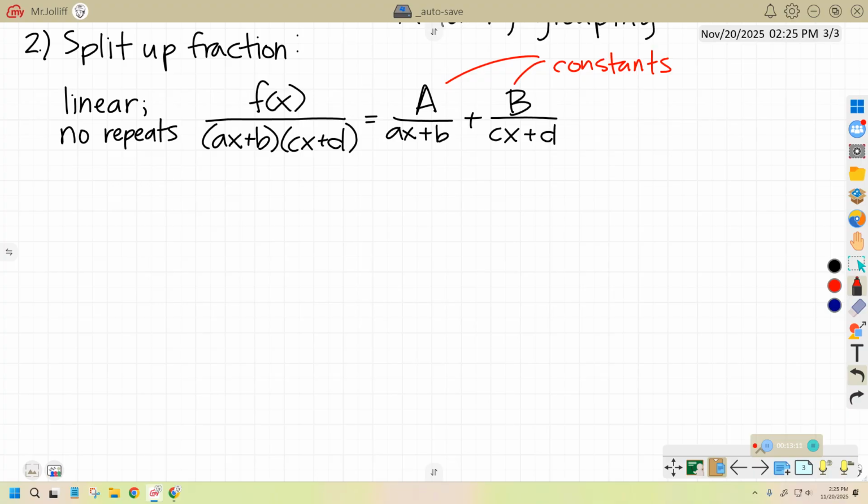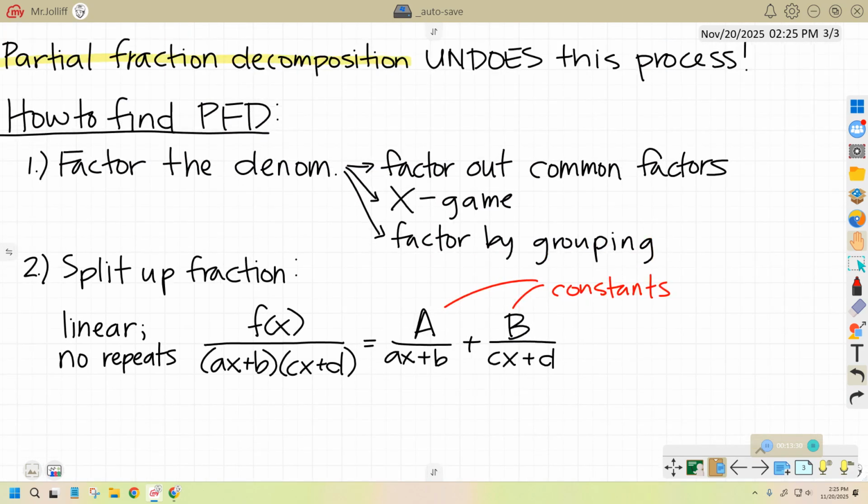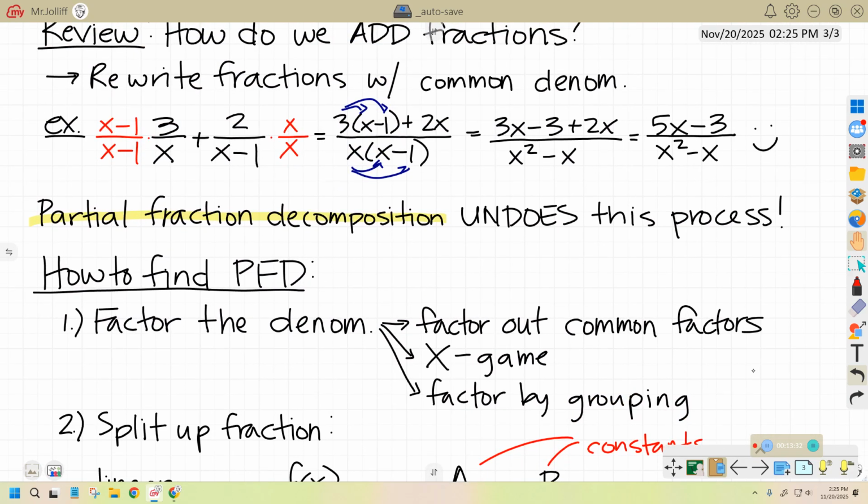I'm going to scroll back up to our example in just a minute once I see pencils stop moving. We started these notes by adding fractions. If I go back up, look at what was in the top of those fractions.